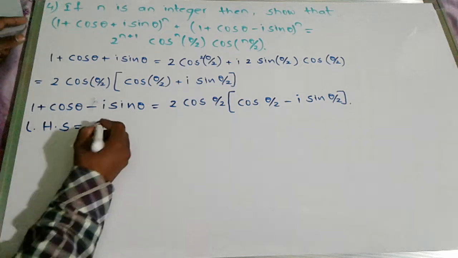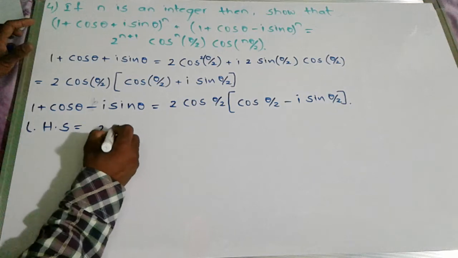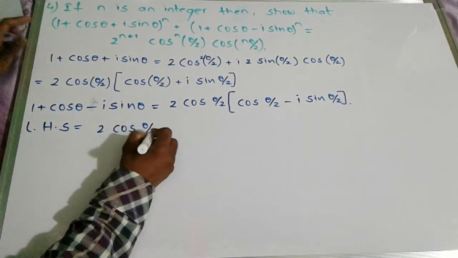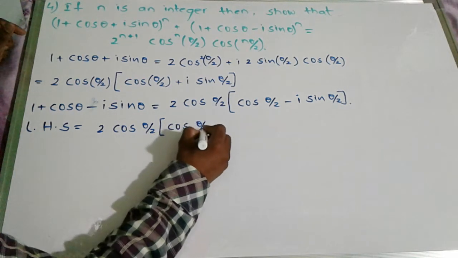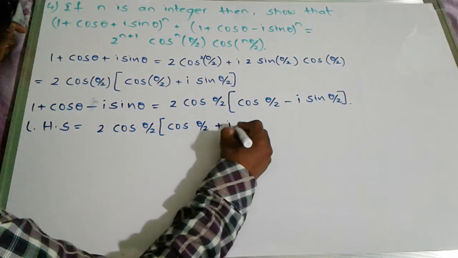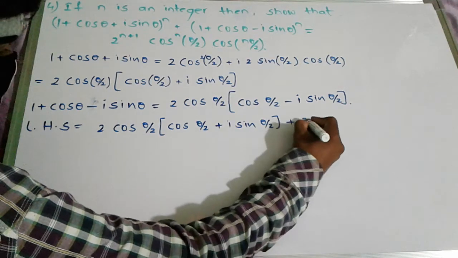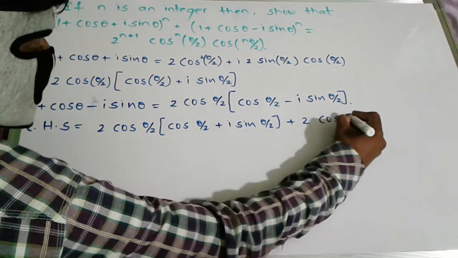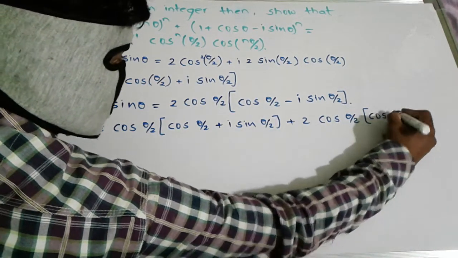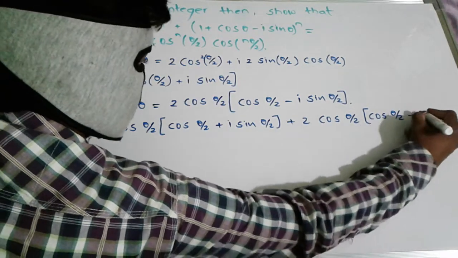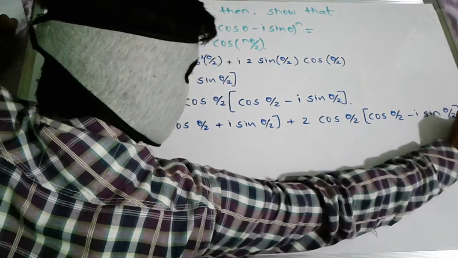This one. So we can write that as (2 cos θ/2 of (cos θ/2 + i sin θ/2))^n plus (2 cos θ/2 of (cos θ/2 − i sin θ/2))^n.